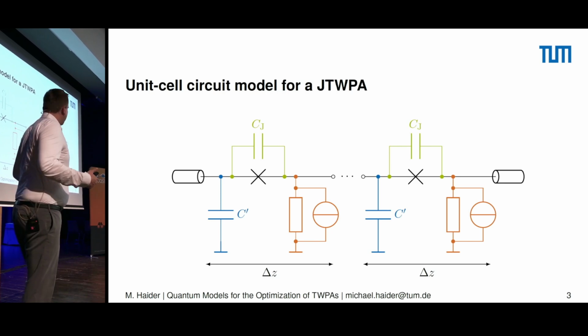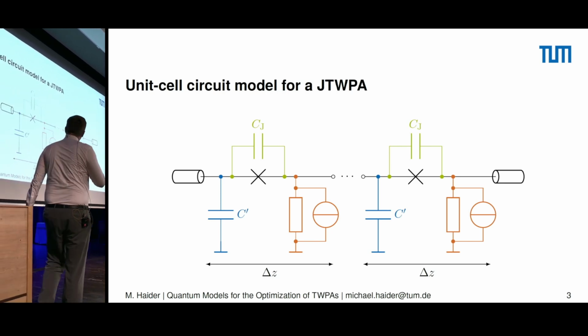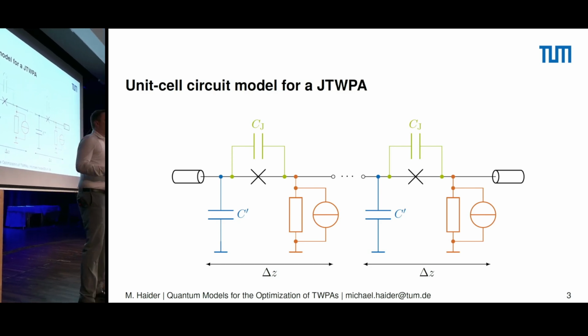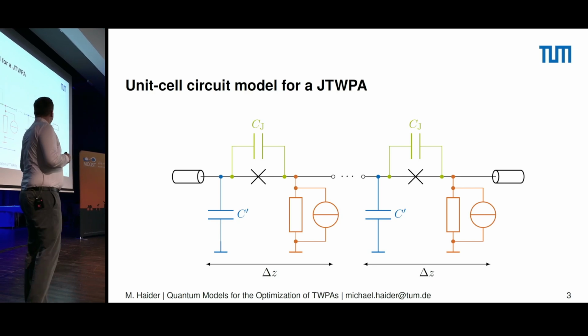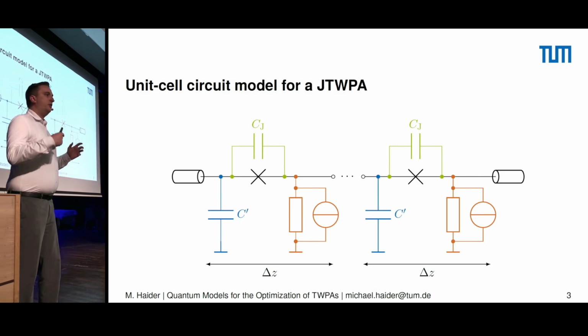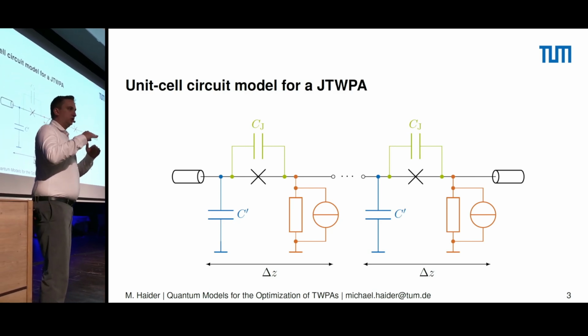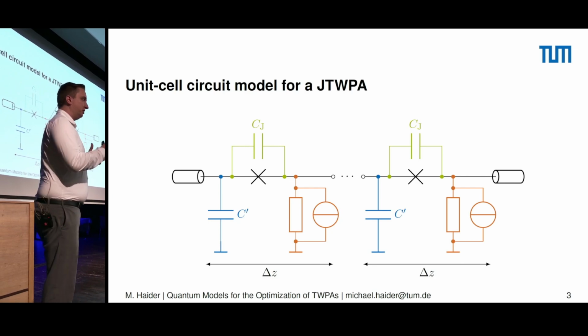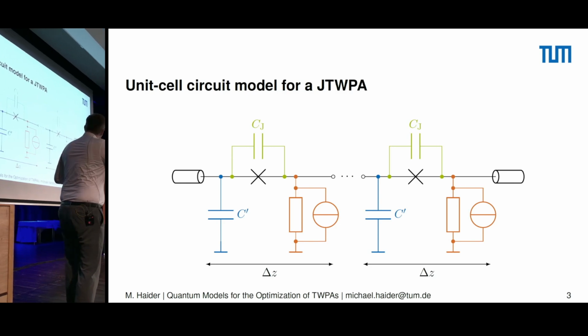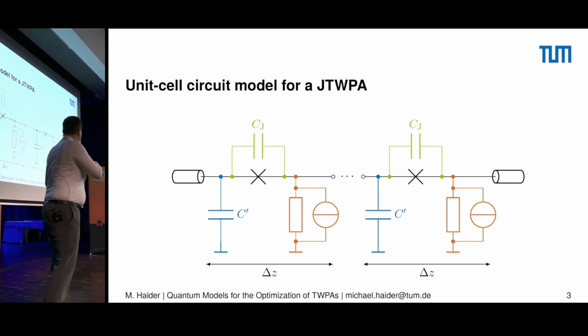In the superconducting regime, this nonlinear device is given by Josephson junctions. So you periodically load your transmission line with Josephson junctions. The problem is that in theory this is all nice and easy, but in reality there are quite some restrictions on these junctions. They all need to be the same, and you want to target the parameters such that you get impedance matching and still have a 50 ohm transmission line in the center.